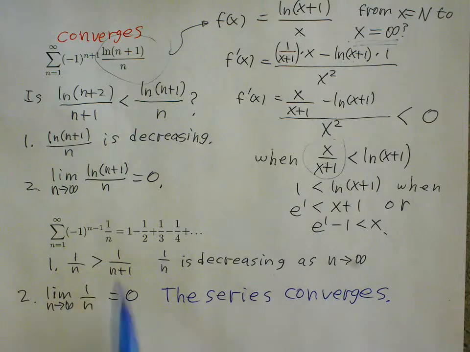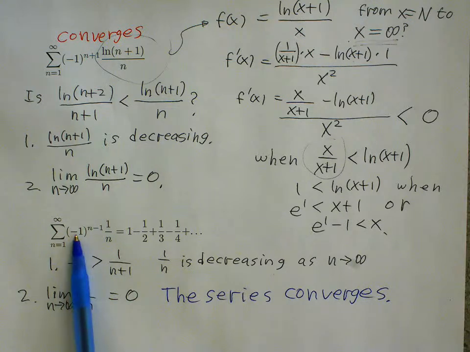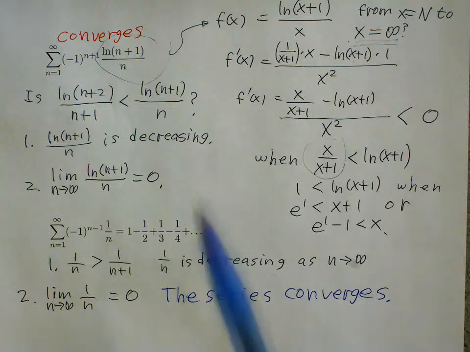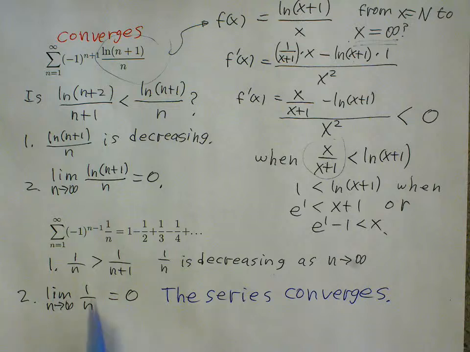Okay, notice that this alternating series, well, if you took out the -1 to the n minus 1, and if we just had the terms 1 over n, you would recognize it as the harmonic series. So this is called the alternating harmonic series.